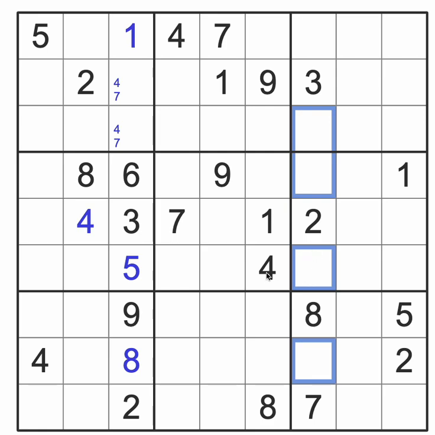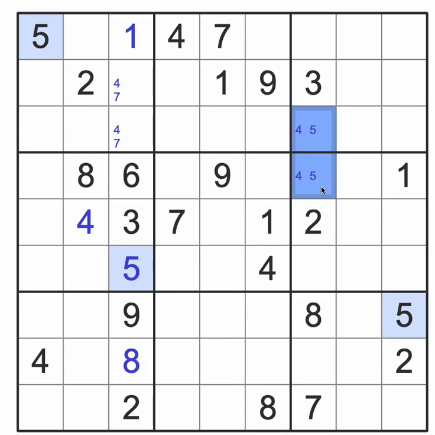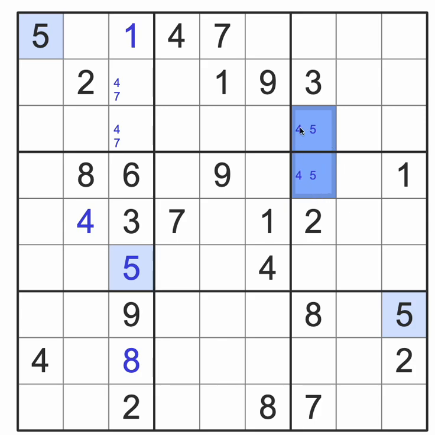And this cell is blocked by this 4 in box 5 and this 5 in box 4, so this cell cannot use 4 or 5. And this cell is blocked by 4 in box 7 and 5 in the same box, box 9. So 4 and 5 cannot use these cells, leaving these two cells for 4 and 5 on column 7.